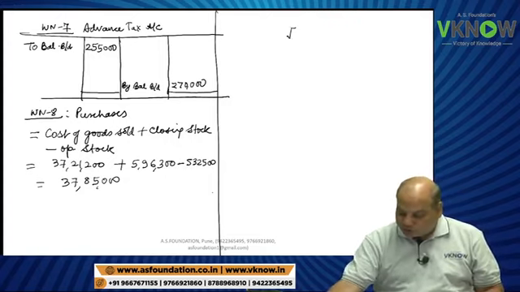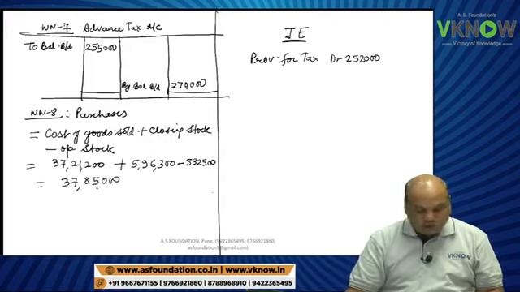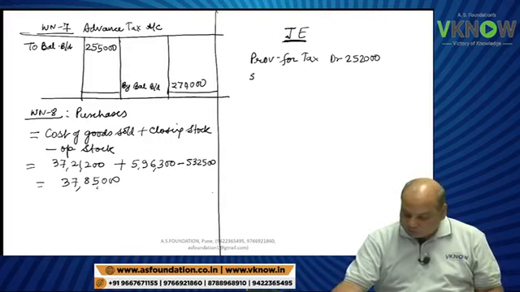So the journal entry for this transaction would be, as I have already dictated, provision for tax account 252. Last year will close.